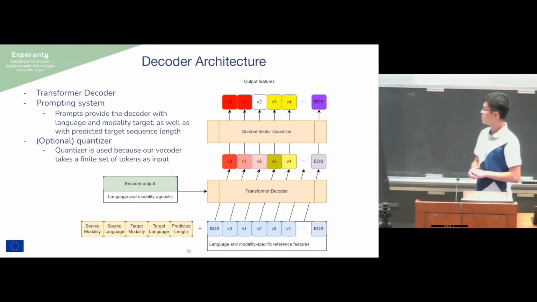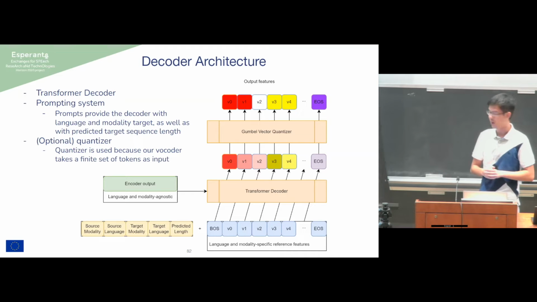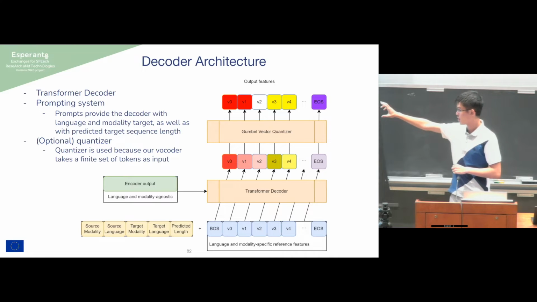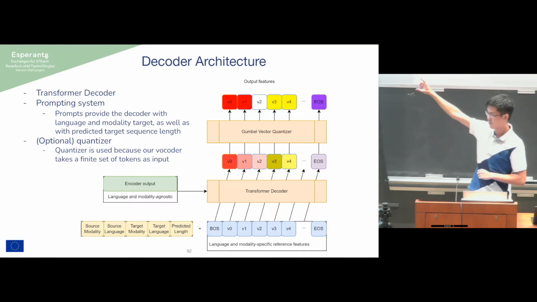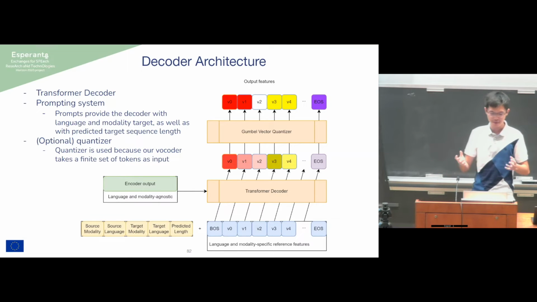Next, we will discuss the architecture of our decoder. It is simple enough, I guess. It consists of two parts, a transformer decoder and an optional vector quantizer. The transformer decoder takes the output of our encoder as memory.